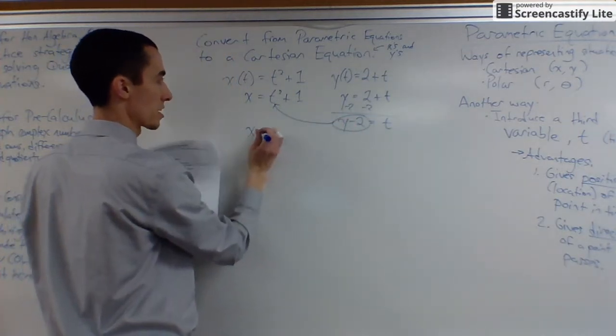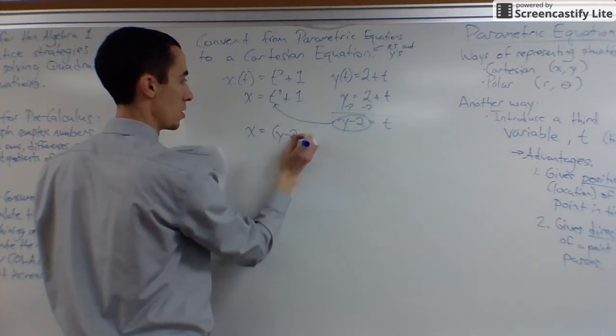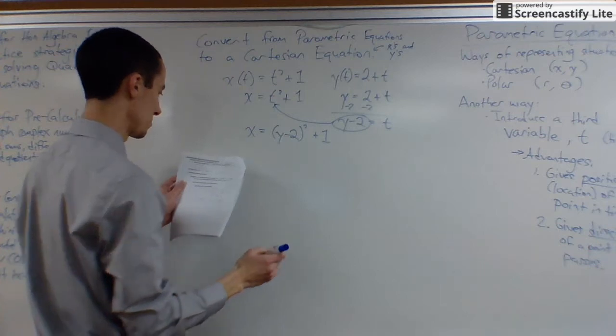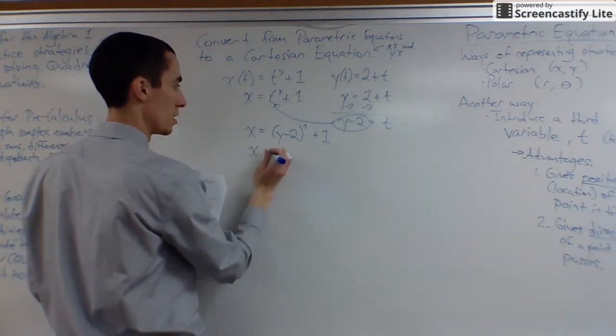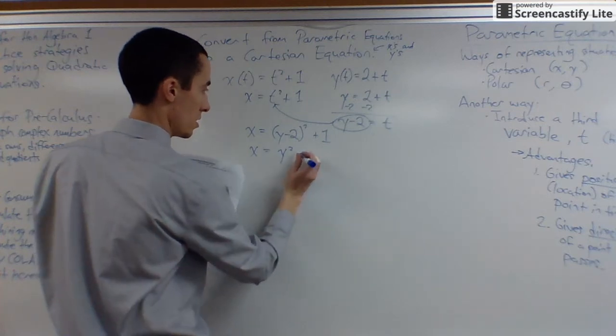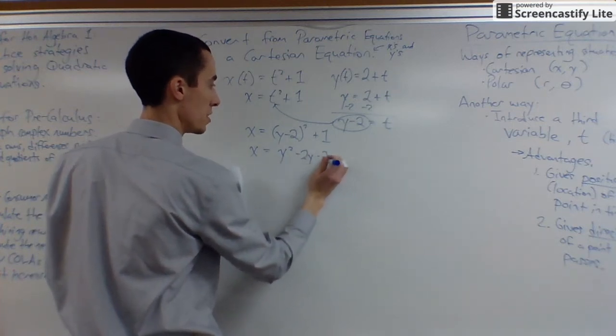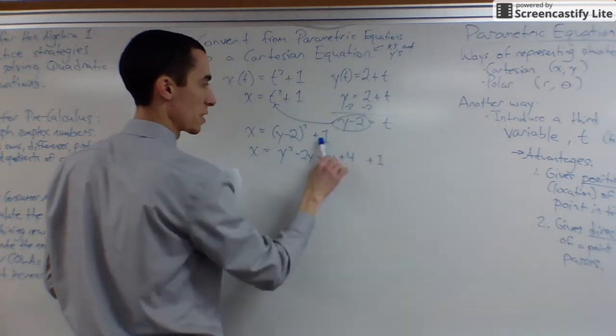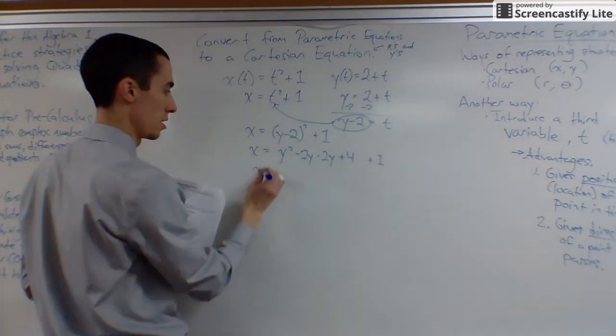That would give us x equals (y minus 2) squared plus 1. We'll FOIL that out. x equals y squared minus 2y minus 2y plus 4. Don't forget to bring down that plus 1.